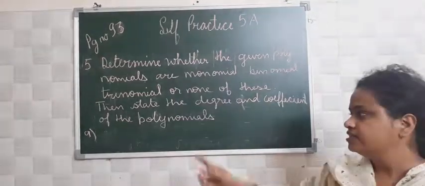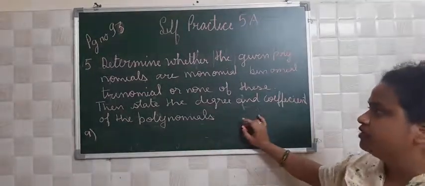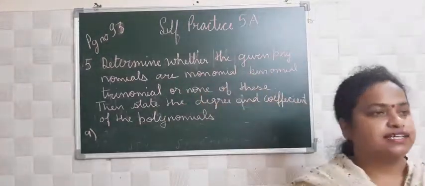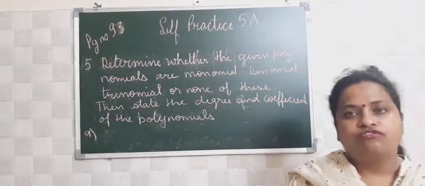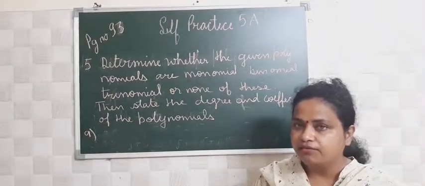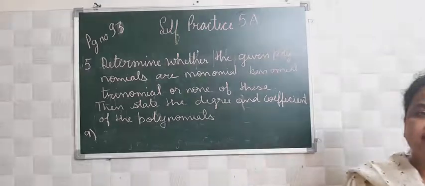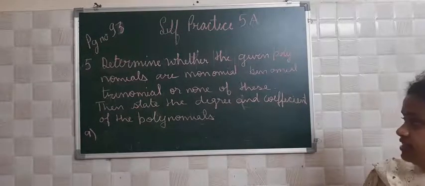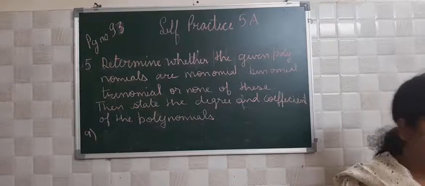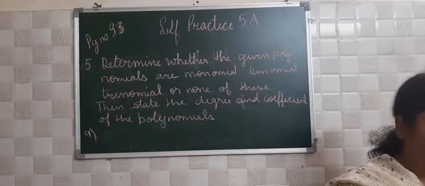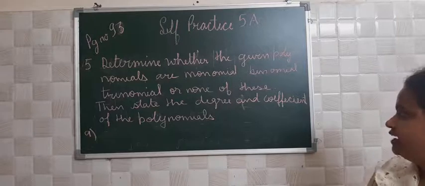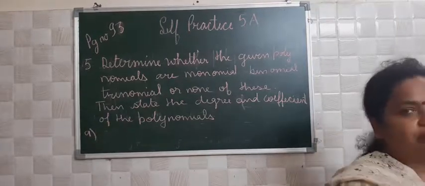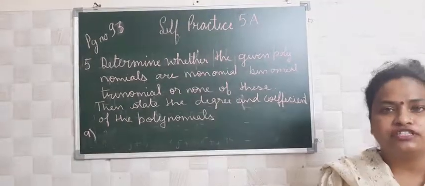For a single term we say monomial, for two terms we say binomial, and for three terms we say trinomial. Is it clear? Now second, what is asked? Degree. What is a degree? The highest power in an equation. And last, the coefficients of the polynomial.